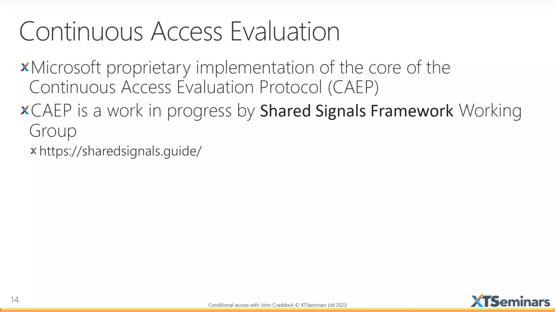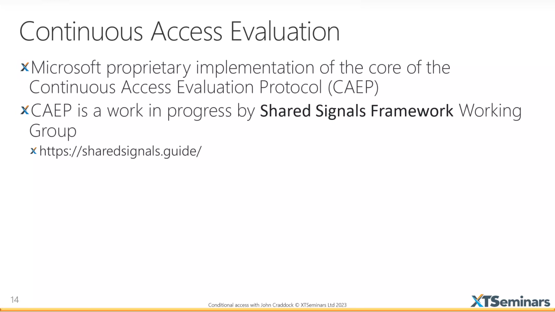In essence, it is about an IDP, an identity provider, being able to inform an API about a policy or about a significant event. Well, seeing as Microsoft own Azure AD, the IDP, and they own the APIs, SharePoint, Exchange, Graph, then Microsoft can implement what would have to become part of the protocol, and they can implement it today.